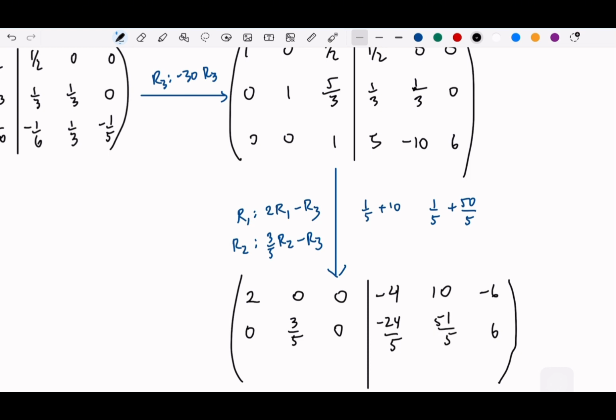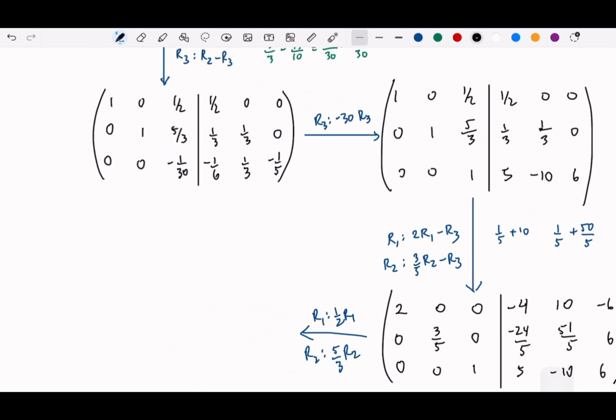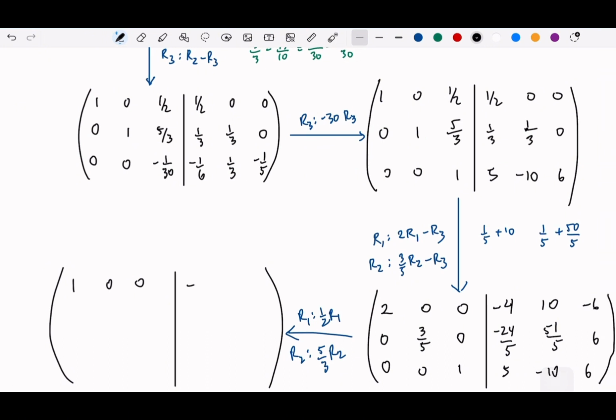Okay. And now we can get the final result, which we have our fractions. So R1 we can multiply with half, and R2 we can multiply with 5/3. So 1, 0, 0, negative 2, 5, negative 3.